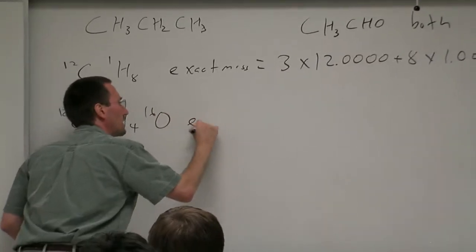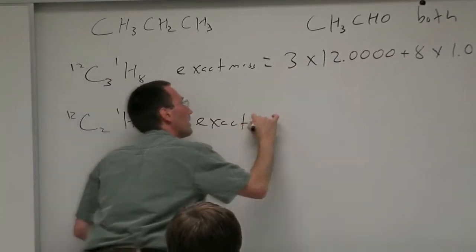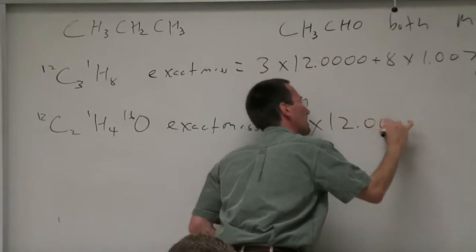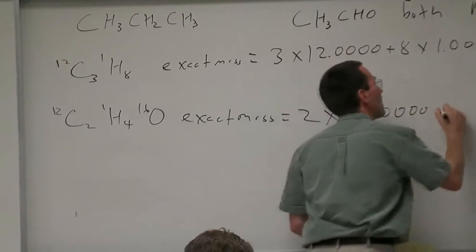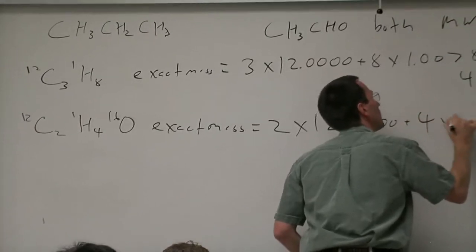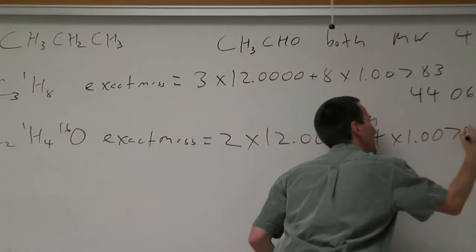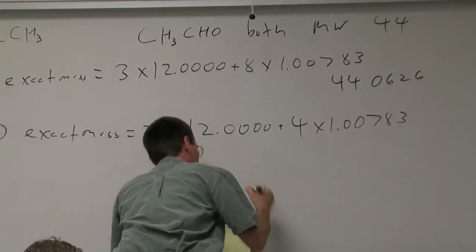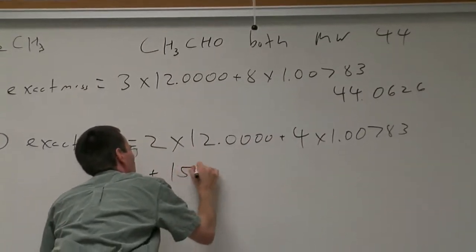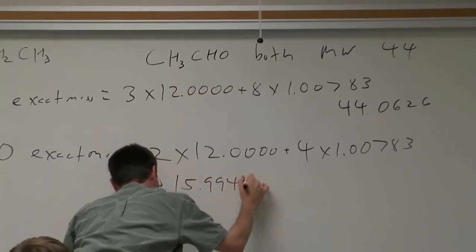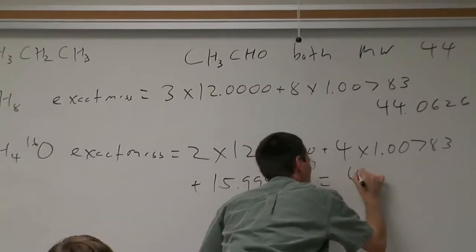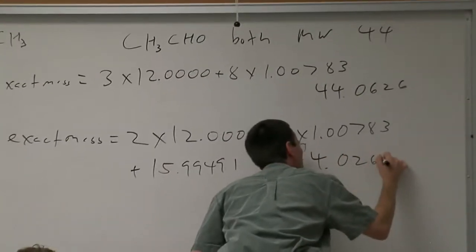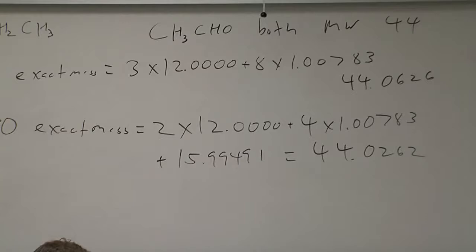If we compare our propane to our acetaldehyde, the main isotopomer is going to be C12-2, H1-4, O16, and the exact mass is equal to 2 times 12.0000, etc., plus 4 times 1.00783, plus 15.99491, which is equal to 44.0262.